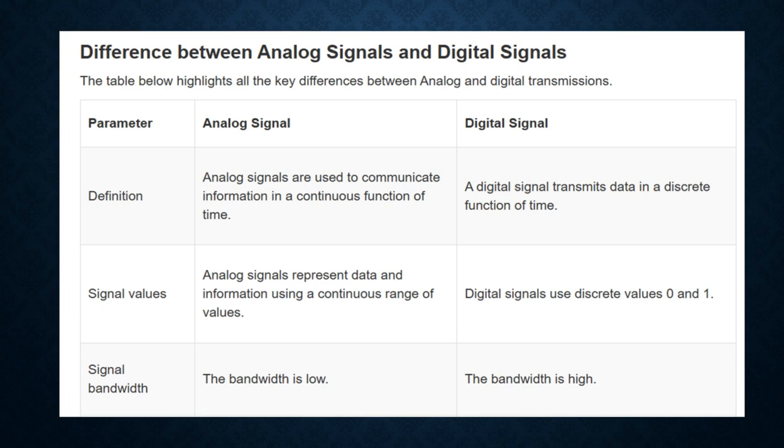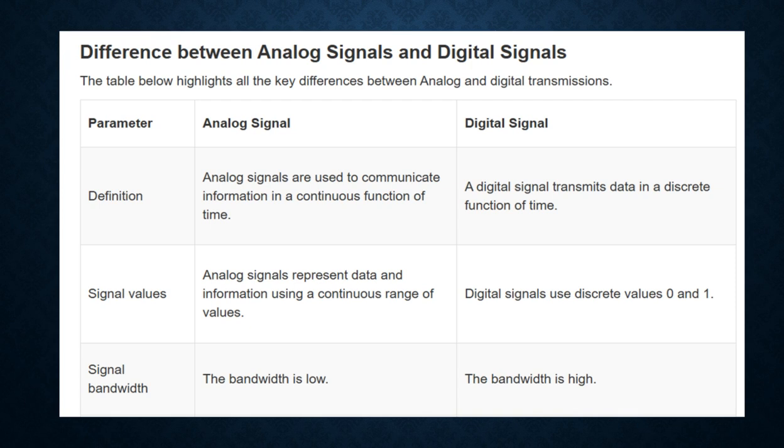Definition: analog signals are used to communicate information as a continuous function of time. The digital signal transmits data as a discrete function of time. In terms of signal values, analog signals represent the data and information using a continuous range of values, whereas digital signals use discrete values of 0 and 1 in binary numbers.